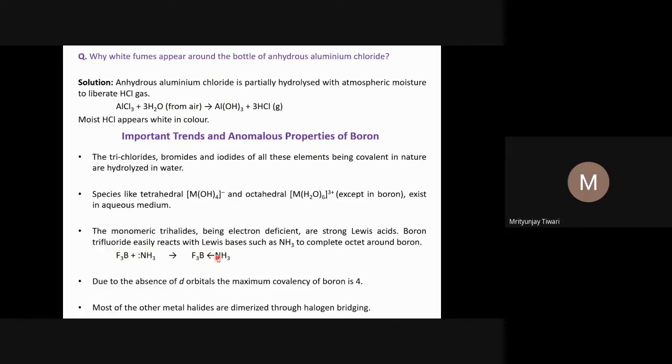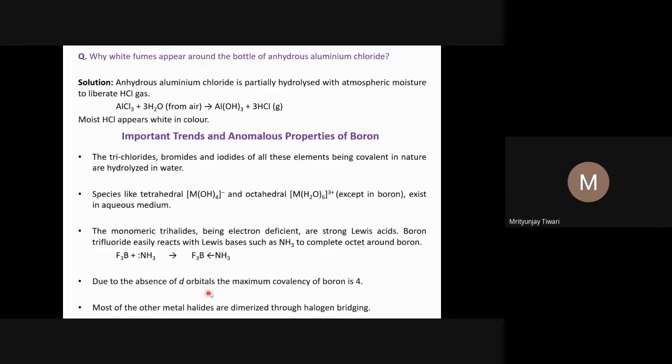So nitrogen's octet is also complete, and boron's octet is also complete. Sometimes, when this kind of complex formation happens, people show it as BF3- NH3+. Sometimes people show this kind of structure because a slightly positive charge will anyway generate on nitrogen and a slight negative charge on boron, because the nitrogen's lone pair is being pushed towards the boron.